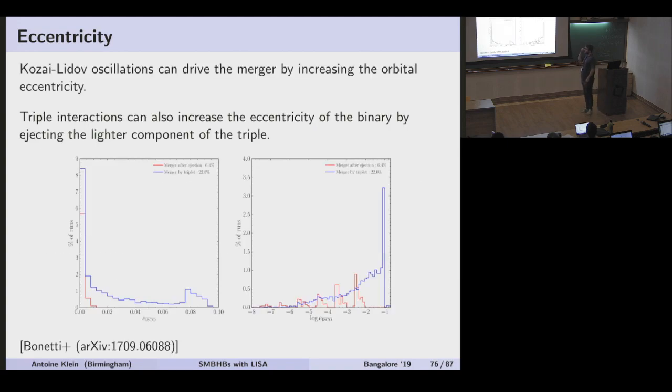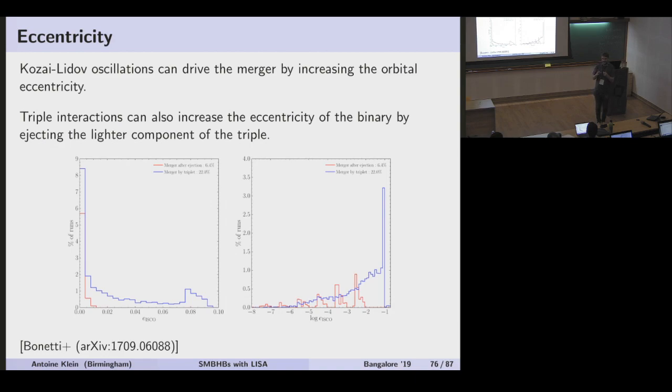So that would depend on the mass ratios. Yes, absolutely. One other thing that can happen if you have a triple system is that you can have a hierarchical triple. So you have a hard binary in the center with a wide binary around it.